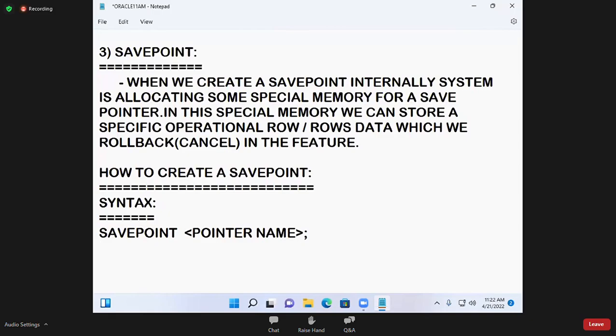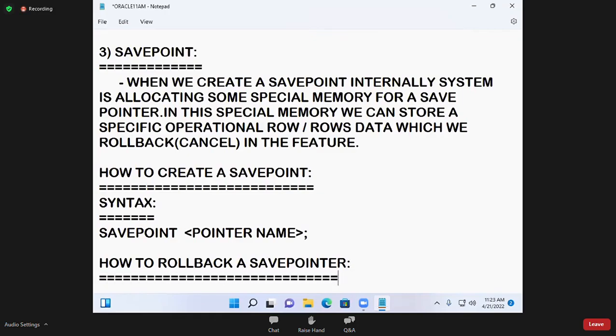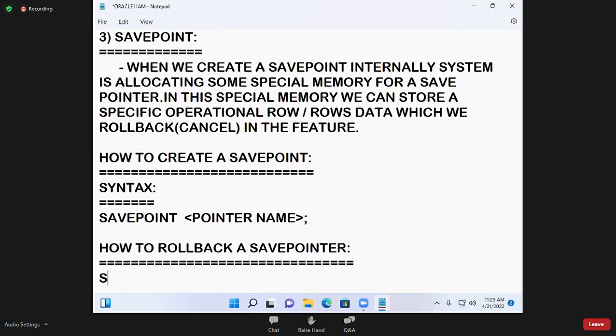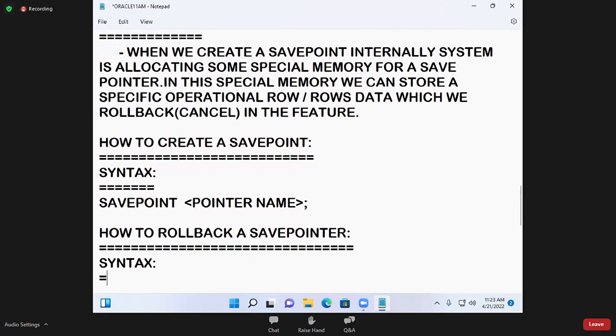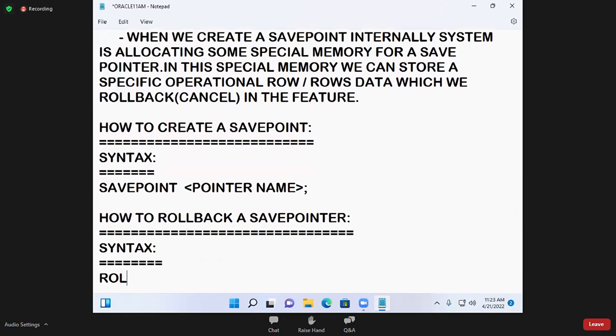In the same way, how to roll back a savepoint? Here is the syntax: ROLLBACK TO, and here you give the savepoint name.